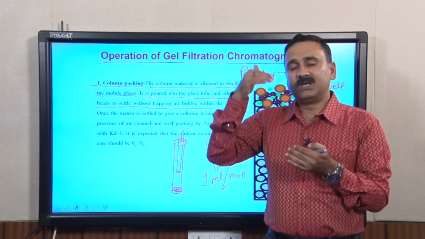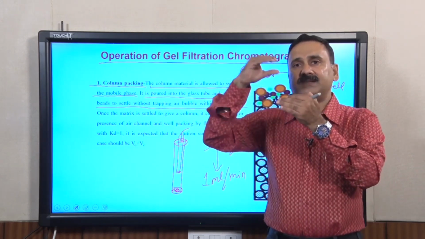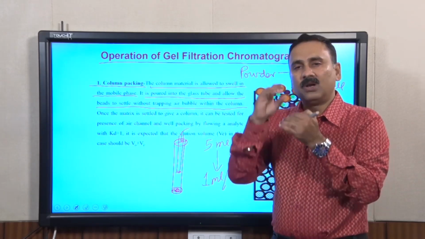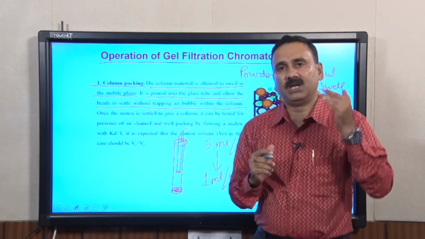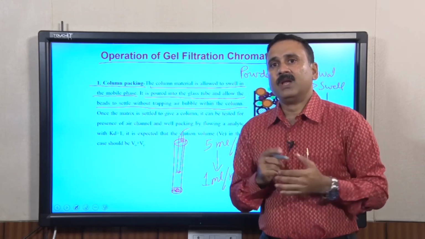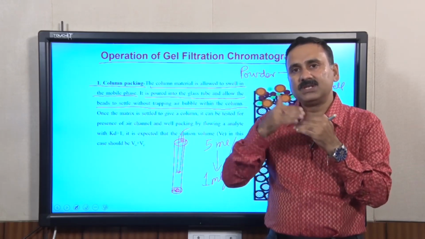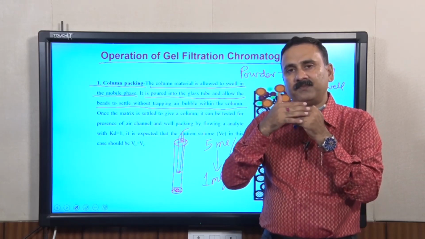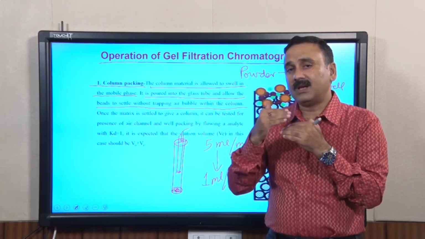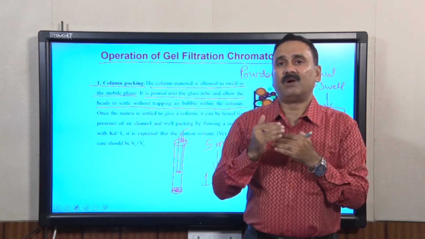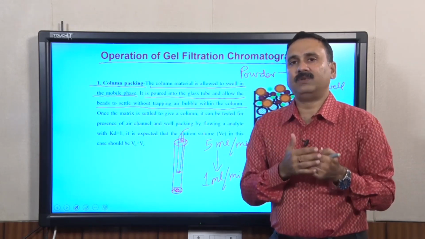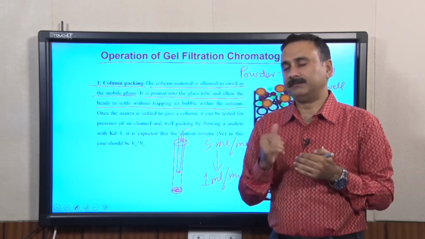Because if you remember, in gel filtration the beads are arranged in the column, and from bead layer number 1, the molecules start fractionating. In bead number 2, the medium size molecules fractionate, and so on. So if you change the packing, if you change the amount of interbead spaces, you are going to either decrease or increase the number of layers, and that is going to affect the overall fractionation of the molecules within that column.